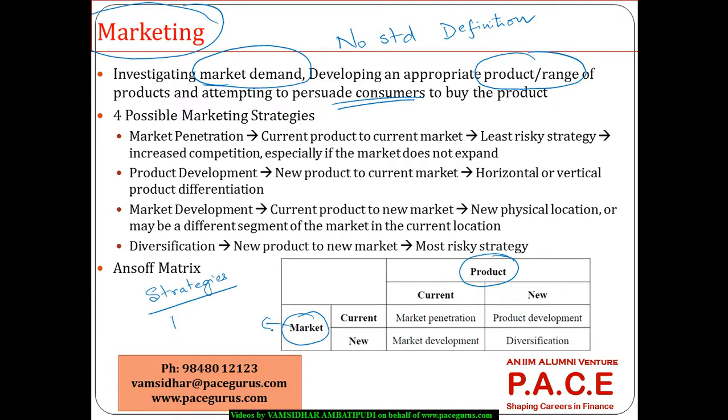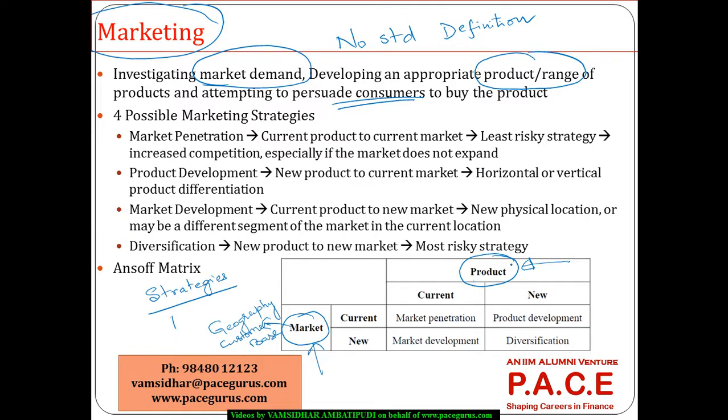Probably you look at market as either a new geography or a new customer base, whether it is in the same geography with a different set of customers or a different geography altogether. That is what we call the market. And product is something which is either existing or new.